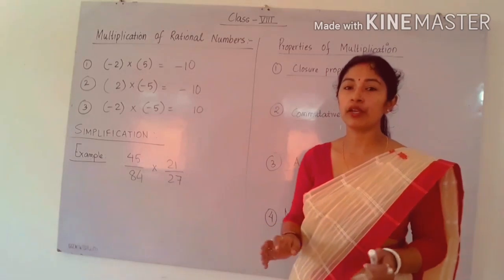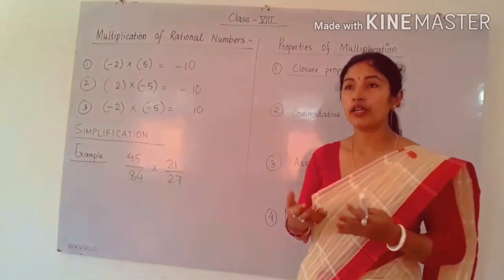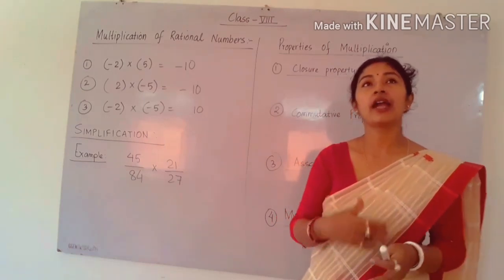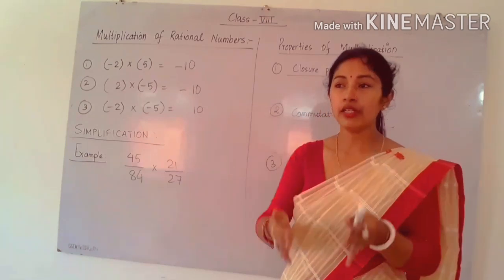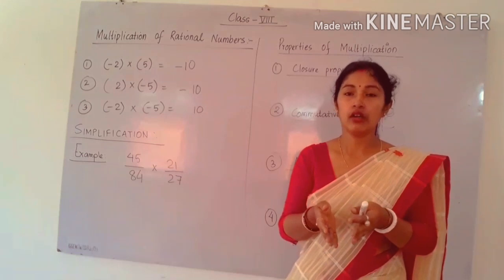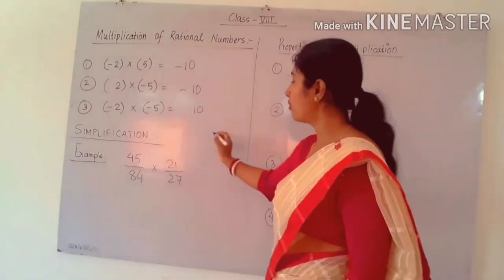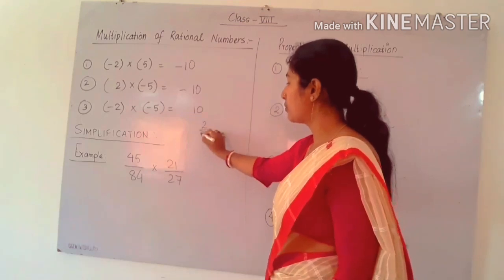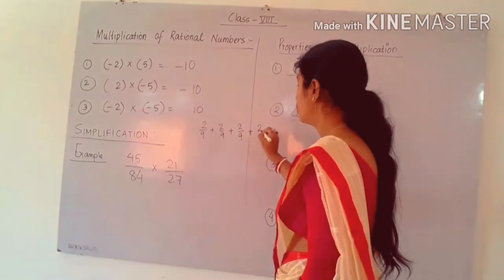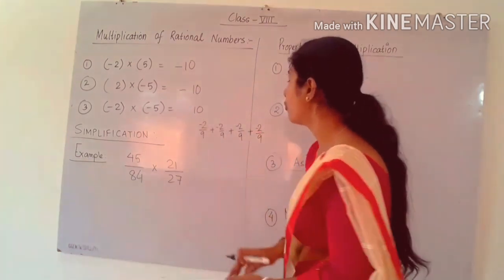Already you know about multiplication. Multiplication is what? You already studied addition. Whenever we are repeating the same number, we are adding the same numbers. In short we can write it in multiplication. For example, if you are adding many rational numbers, suppose 2 by 9, 2 by 9, 2 by 9 many times, or you are writing minus 2 by 9, minus 2 by 9, 4 times.